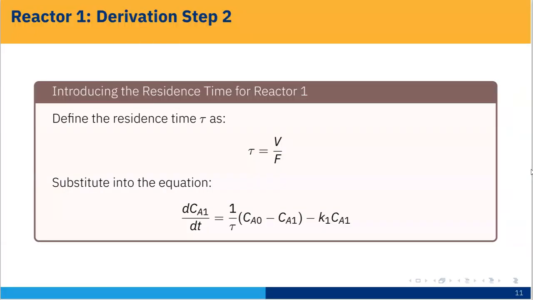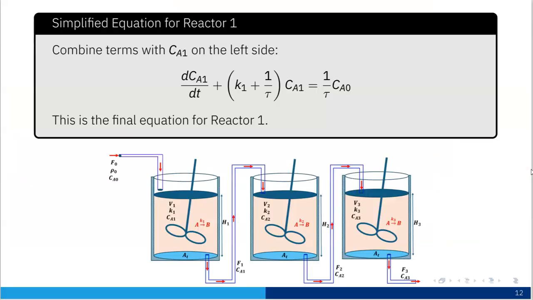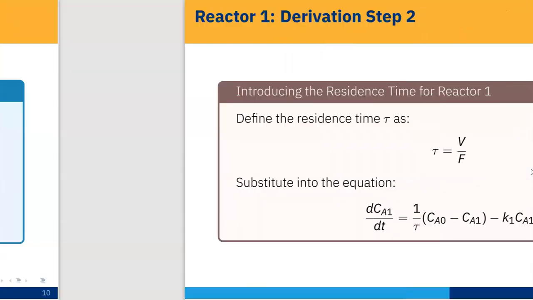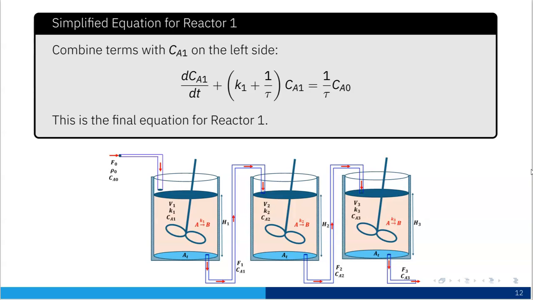We know that the residence time tau is V/F, so dCA1/dt is equal to 1/tau (CA0 minus CA1) minus K1 CA1. If I reorganize this equation, dCA1/dt plus (K1 plus 1/tau) CA1 is equal to 1/tau CA0. So this is the final equation for reactor 1.